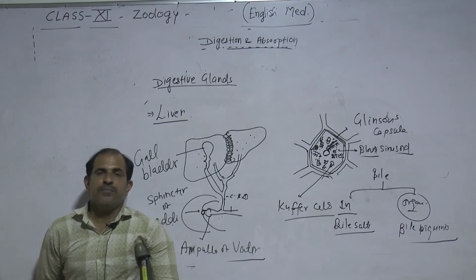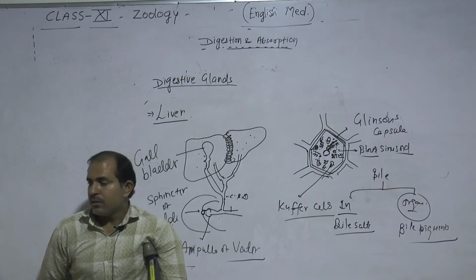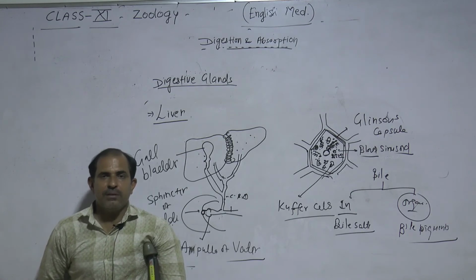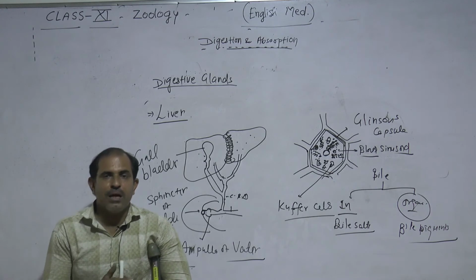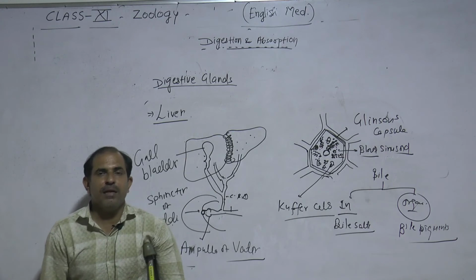The human liver is a bilobed structure. It consists of two lobes, one larger lobe and another smaller lobe. It means right lobe and left lobe, and both the lobes are fused with the falciform ligament.